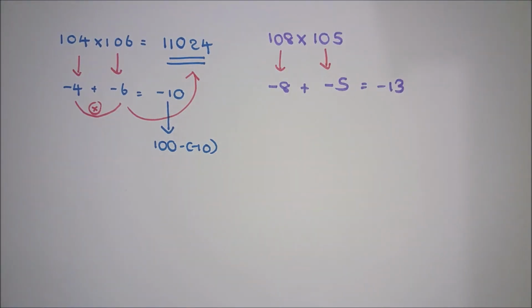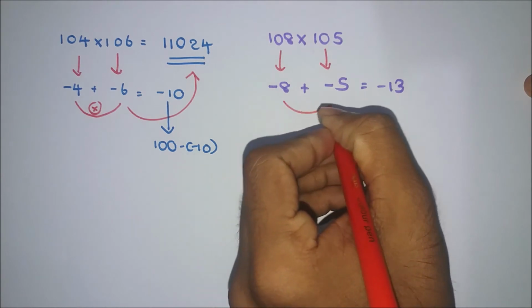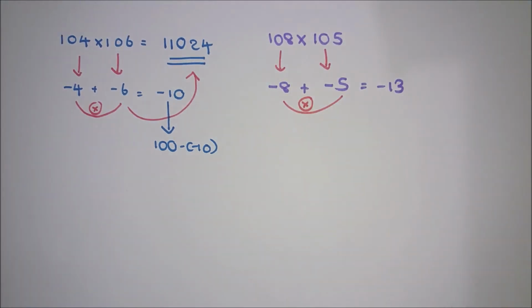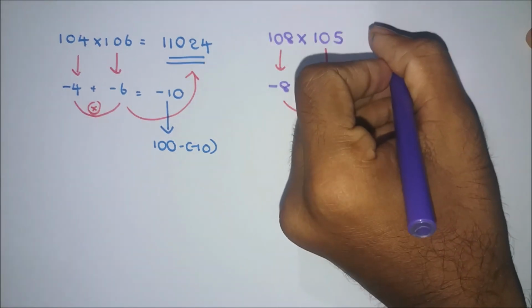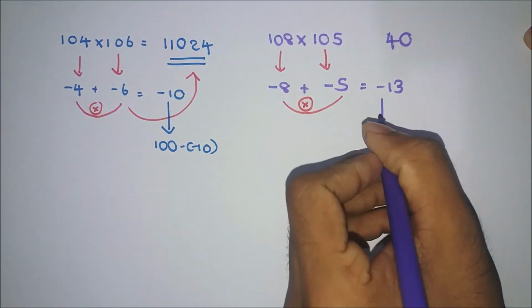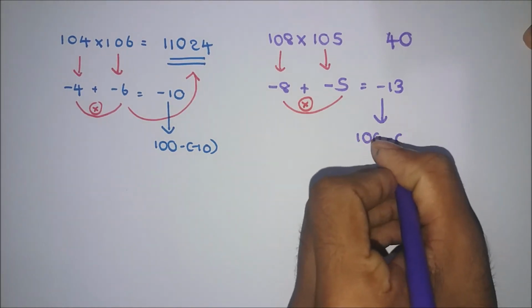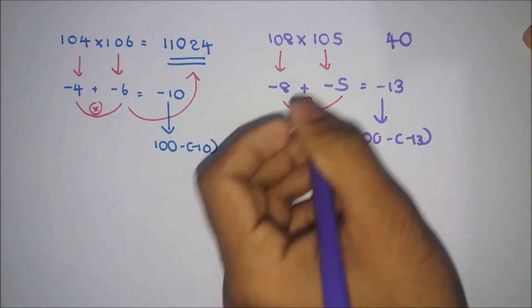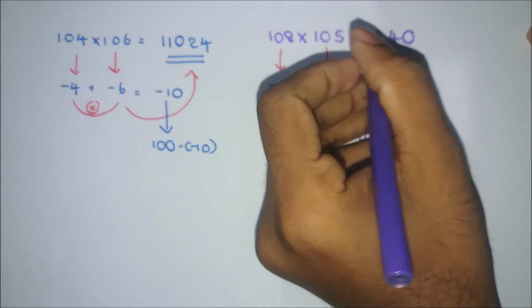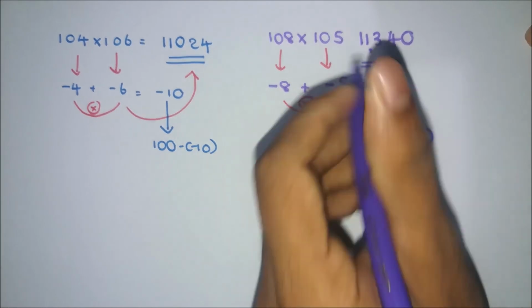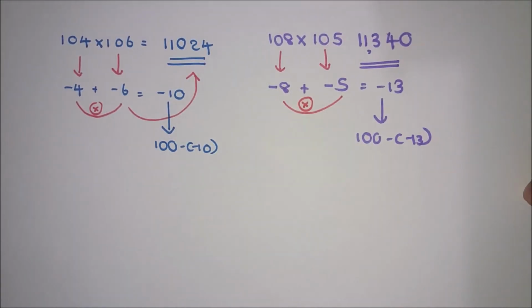After that, multiply minus 8 and minus 5. The answer is 40. The last step, take the difference between 100 and minus 13, which is 113. The answer is 11,340.